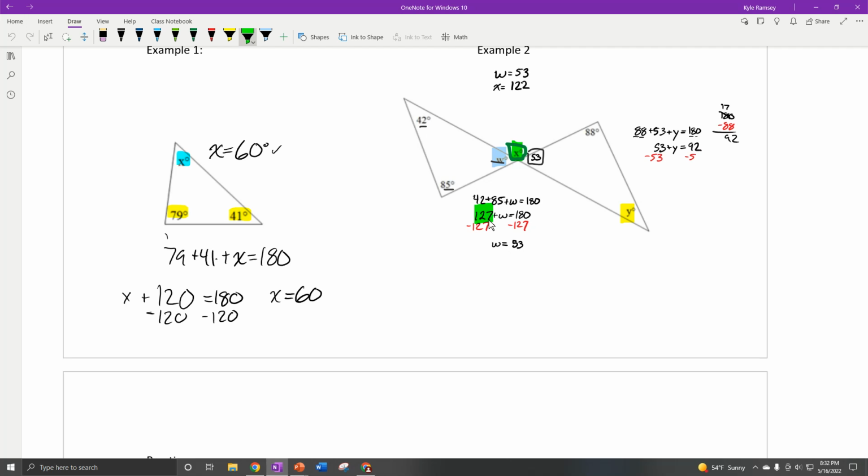This is a different way you can go about things. And you'll get the y term. 12 minus 3 gets us a 9. 8 minus 5 gets us 3. So we have 39 for y. And we're done.